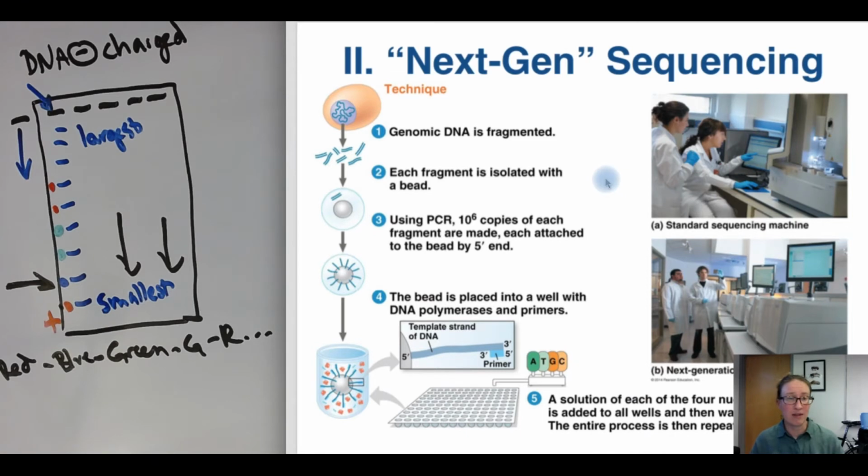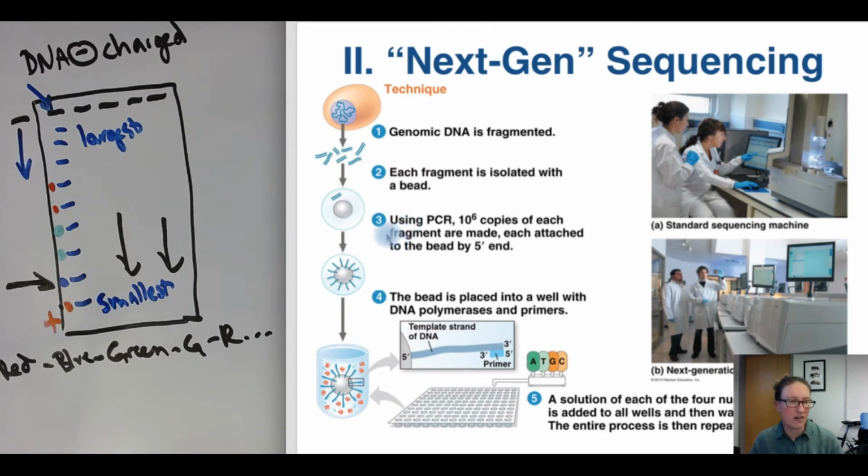This sequencing method starts with chopping up genomic DNA, and we'll talk some more about how that works a little bit later on. After you chop up the DNA or fragment it, then you isolate those fragments on little glass beads.